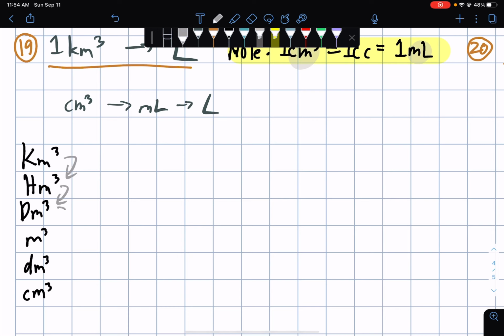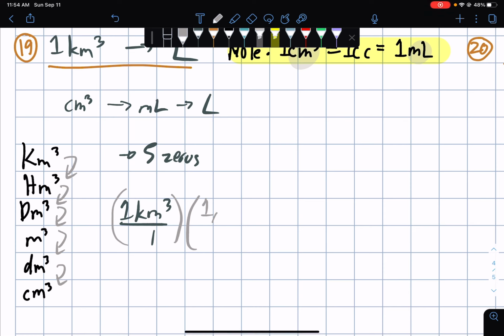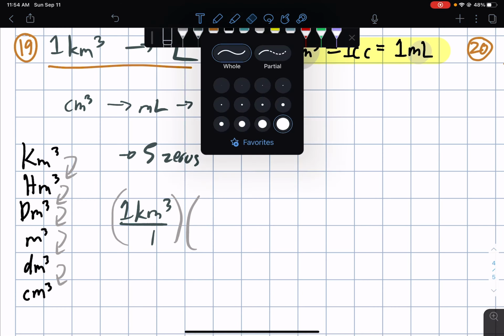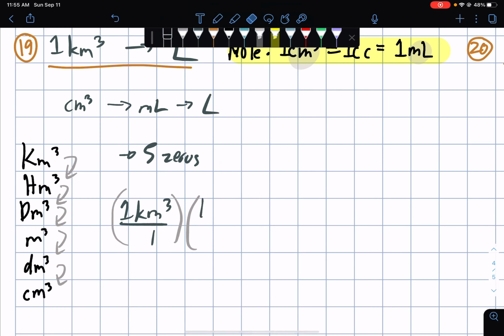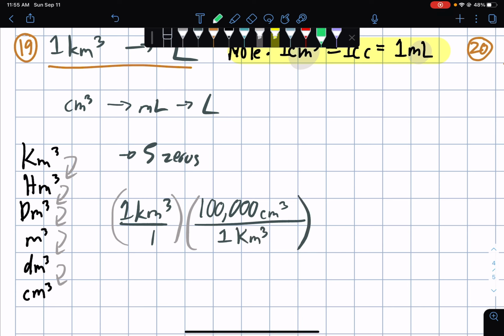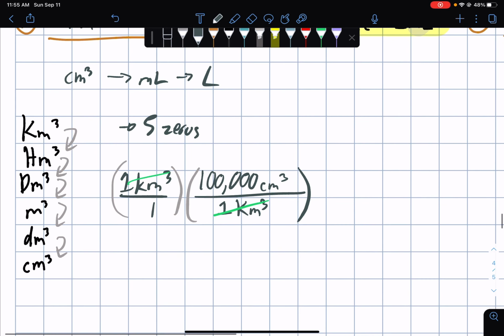So 1, 2, 3, 4, 5. We have 5 zeros. So from 1 km cube over 1 times 1, then I'm sorry, this is 100,000 cubic centimeters over 1 km cube or cubic kilometers.